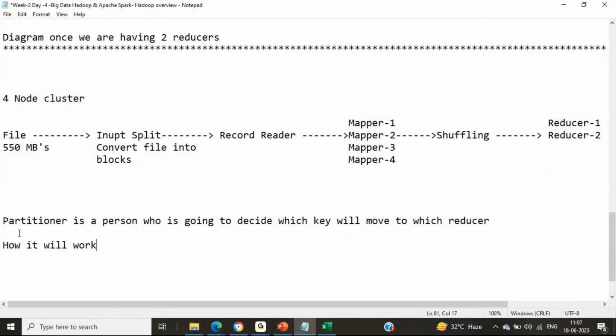It will work based upon certain logic, a certain inbuilt hash function.